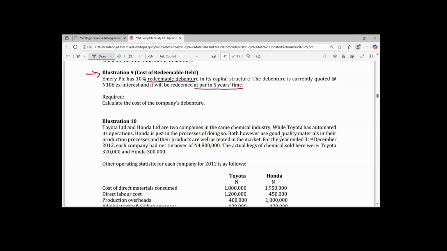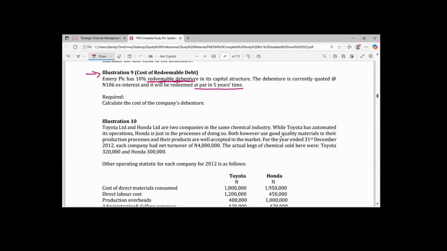Yes, that is the question. You are told in this question that Emery PLC has 10% redeemable debenture. It's very clear in the question that this is a redeemable debenture. I told you that debt will only be redeemable if the redemption date is given to you.